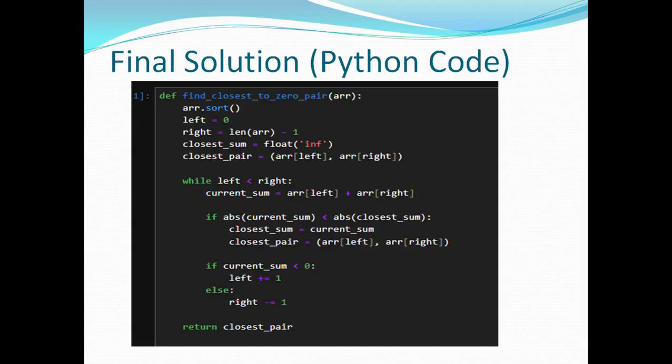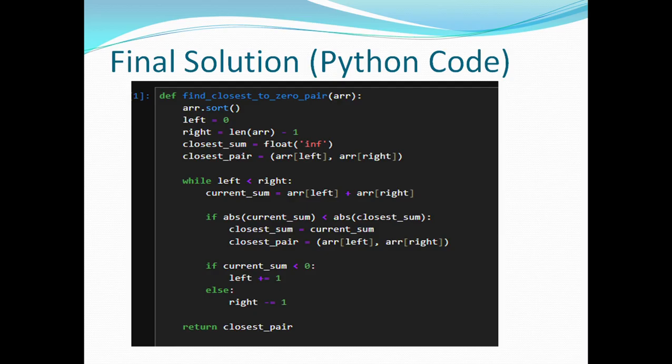Now let's look at the final Python code. In this, we first define a function, find closest to 0 pair, and then we sort the array first. We then initialize two pointers, left at the start and right at the end. We use a while loop to keep narrowing the search space.